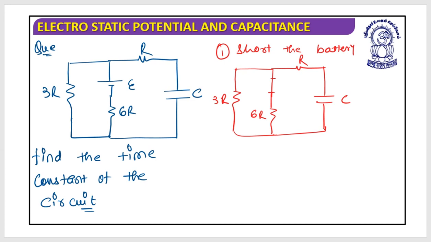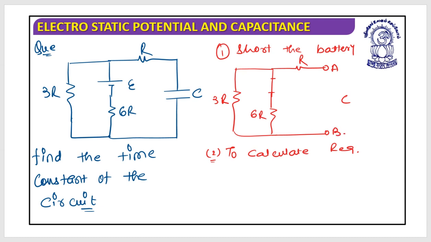Now second is to calculate R equivalent across the capacitor. So when I calculate the R equivalent, I just open this and calculate from here. Let's say it's a resistance of RAB.